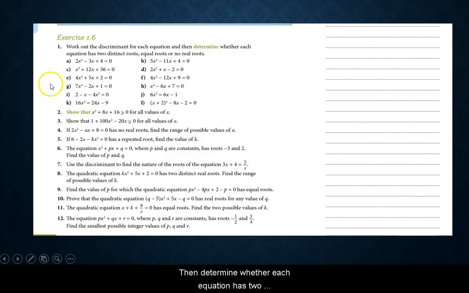Then determine whether each equation has two distinct roots, equal roots, or no real roots. When the discriminant is greater than 0, it has two distinct roots. When the discriminant is equal to 0, it has one root. Try to solve this.